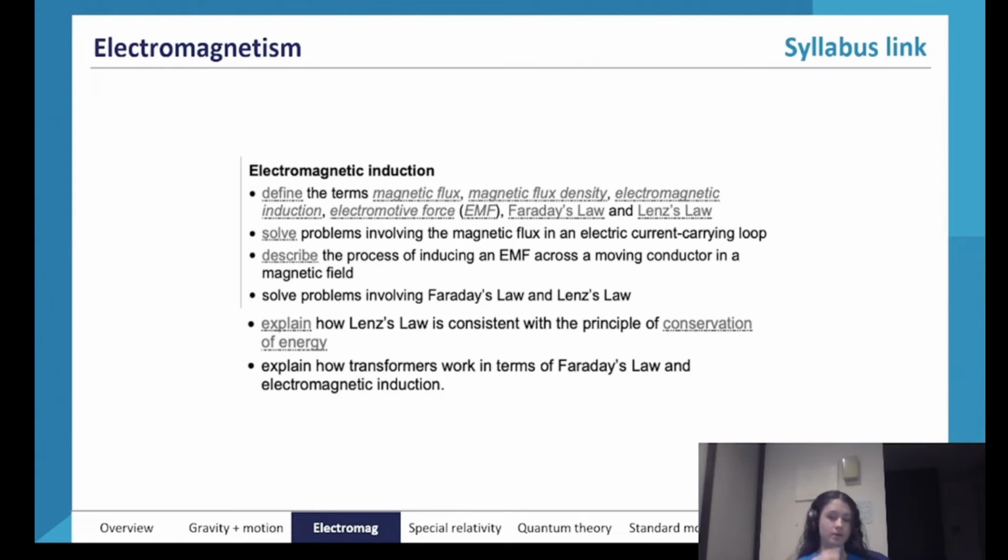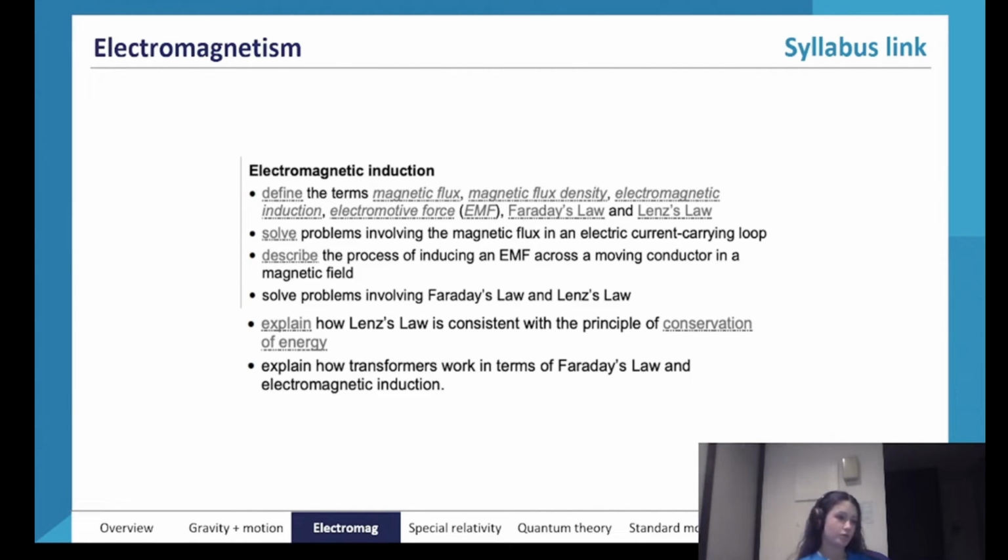Okay, now getting on to electromagnetic induction. What we need to know for electromagnetic induction is all of the terms listed involving flux, electromotive force and induction, and Faraday's and Lenz's law.